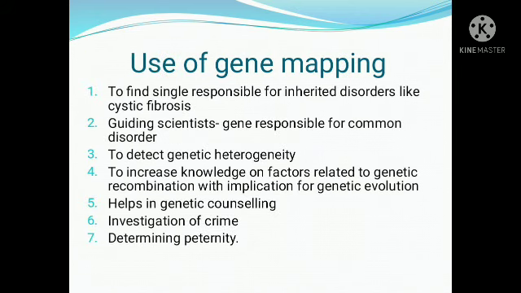Now what is the use or advantages of gene mapping? It is helpful to identify one gene which is responsible for certain disorders, like a single gene in cystic fibrosis, maybe a rare disorder. And again, it is helping the scientists to identify what may be the genes responsible for certain common disorders like asthma, heart disease, or a psychiatric condition.